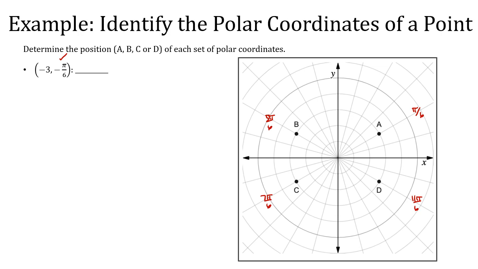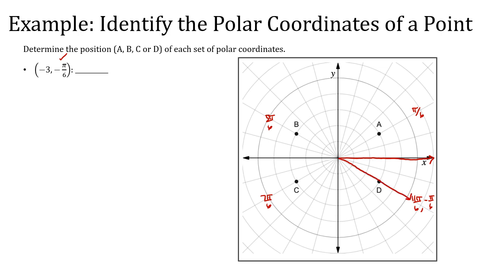So negative pi over 6 is going to be from the polar axis, going clockwise. All right, so it's going to be here in the same position as 11 pi over 6. And we're going to draw a directed line segment on that angle measure.